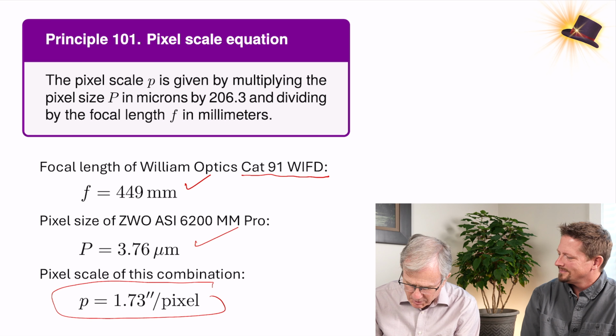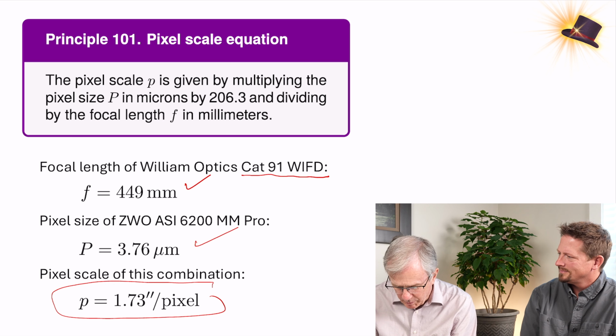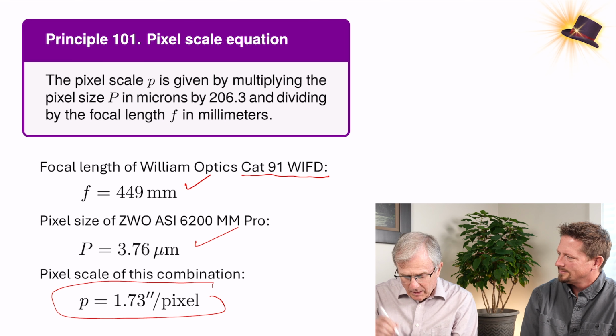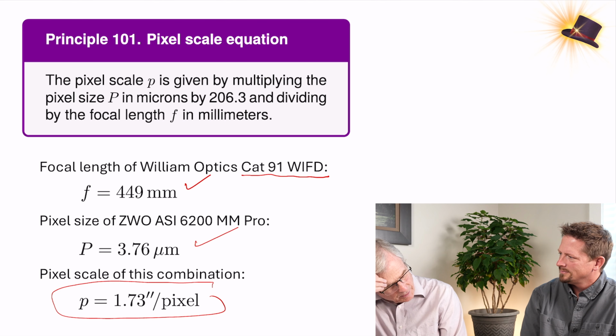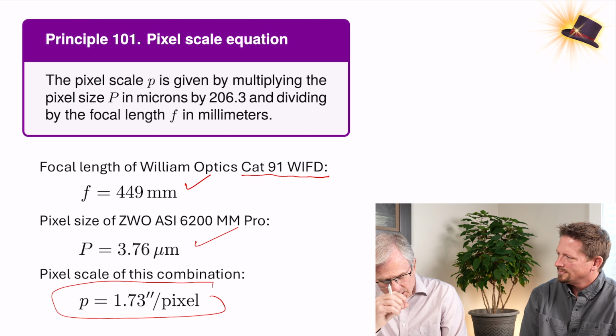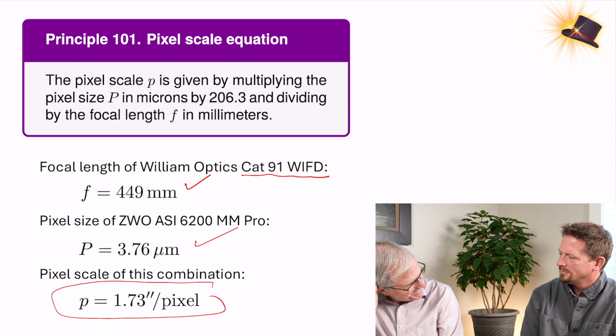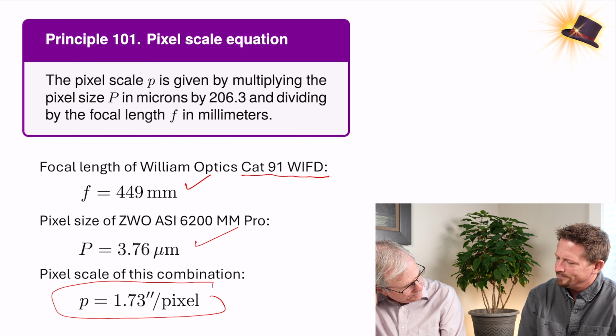So you plug those two numbers into the equation, take big P divided by little f, and then multiply by 206.3. And what does that say? It says that with that particular telescope and that particular camera, each pixel in the image represents 1.373 arcseconds of sky.